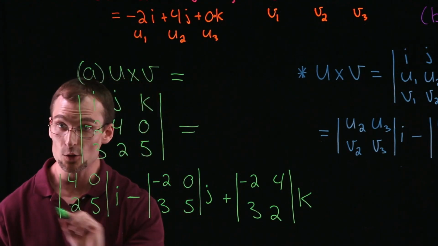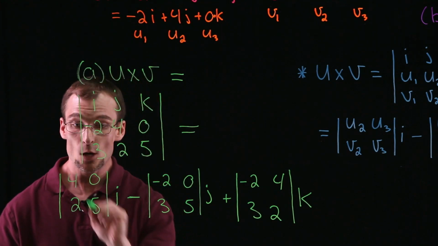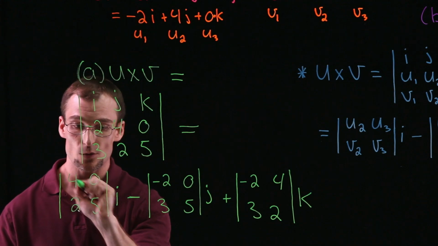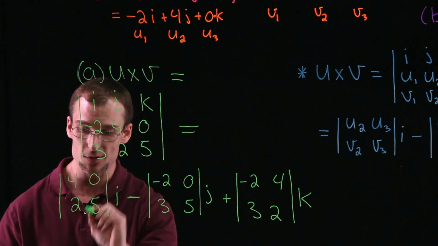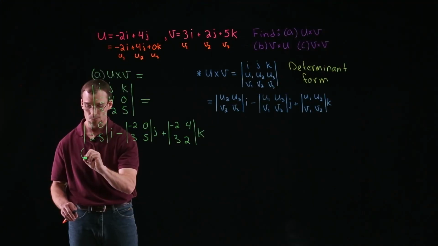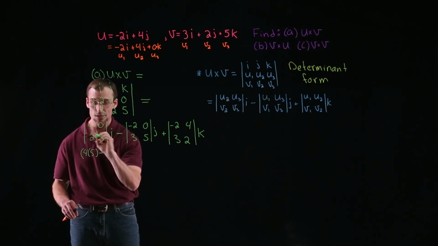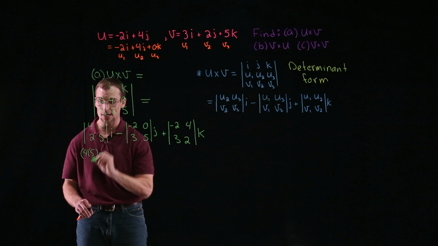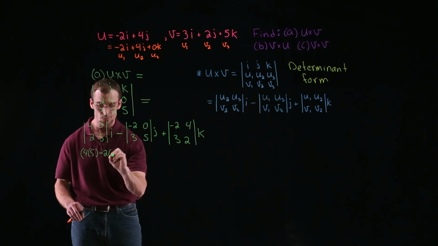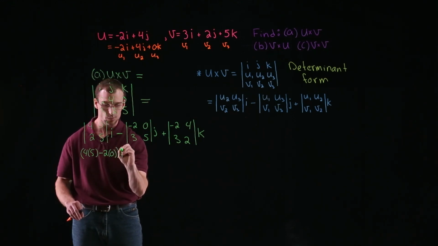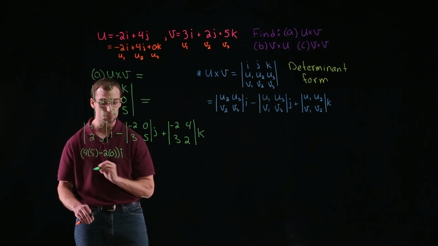Now again, with the 2 by 2 matrix, how do we take the determinant? Well, we just cross multiply. Multiply down the diagonals, 4 times 5, minus the multiplication along the other diagonal, 2 times 0, and we multiply that with our component vector i.